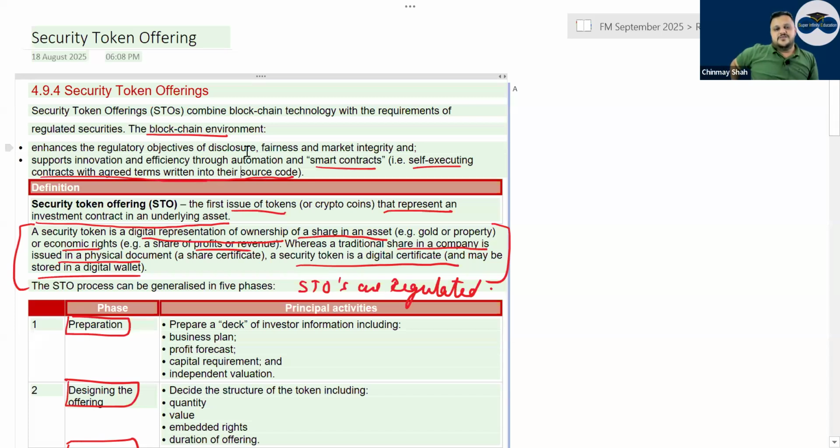And the biggest problem with this kind of transaction was that these instruments, let's say coins, Bitcoin or anything, are not secured against any asset, right? That was the biggest problem, because with Bitcoin no one knows. They are mined and they are secret currency, correct?